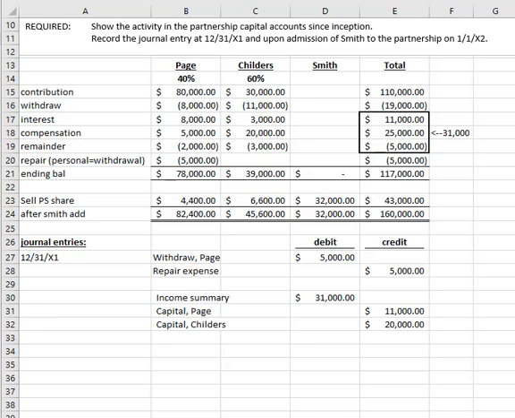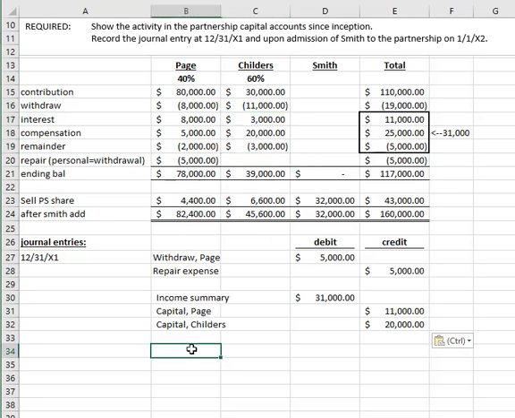And so then we're debiting income summary, and we are spreading the profits for the period to Page and Childers. So where did $11,000 come from? So for Page, that was these three accounts netted together. 8,000, 5,000 minus 2. And for Childers, it was the 3,000 plus the 20 minus the 3.